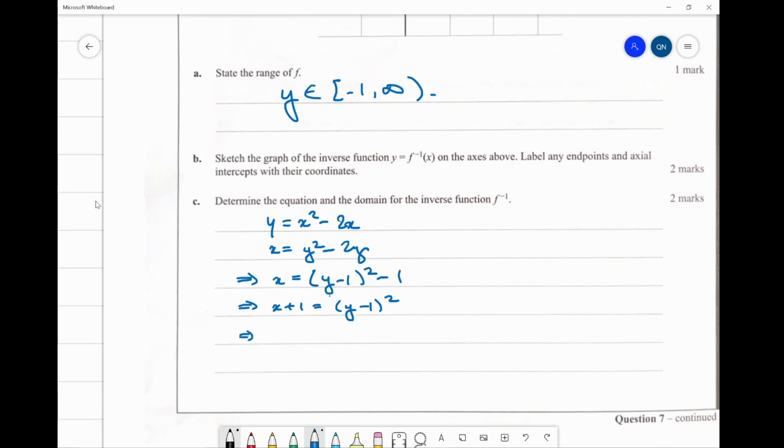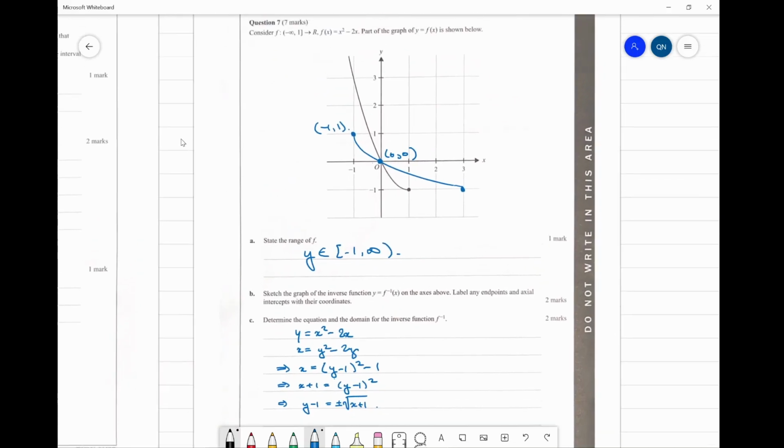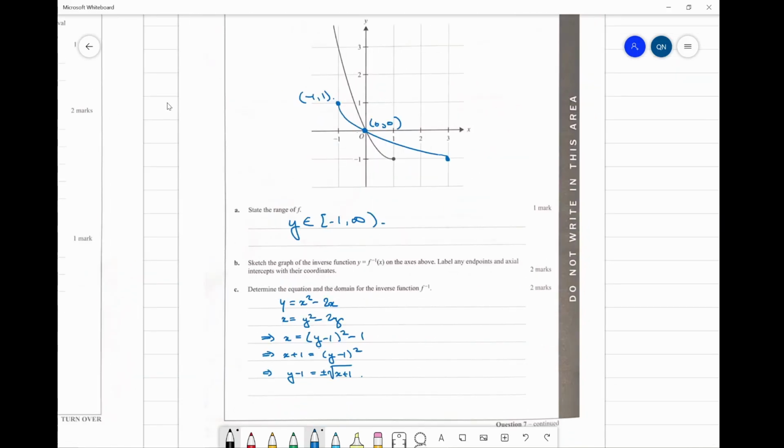If you take the square root on both sides, we get y minus 1 is equal to plus or minus the square root of x plus 1. The question is, is it plus or minus? Choosing plus or minus will determine the range of the inverse, but remember the range of the inverse is the domain of the function. What's the domain of the function? It's negative infinity to 1.